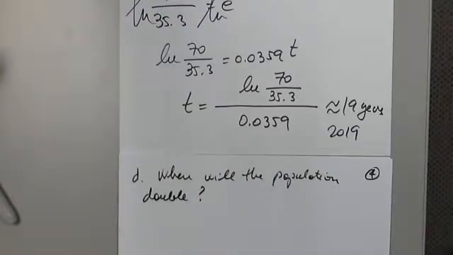What was the original? 35.3. Perfect. And I would like to determine how many years it needs for that original to double. What do I have to write?